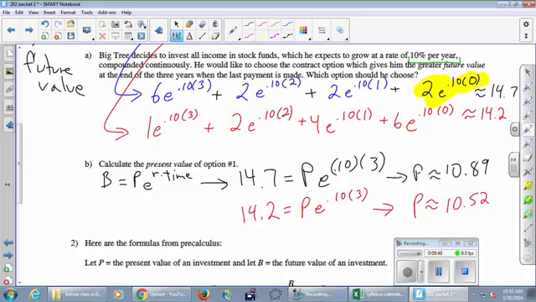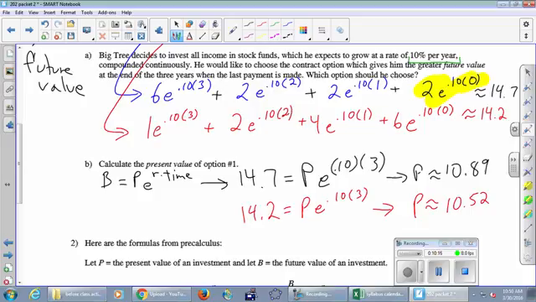Again, we're making the same comparison just at different moments in time. So this basketball player could be handed a check today at the start of his contract for 10.89 million. If he puts all of it right in the bank and it grows for 3 years at 10%, it will grow to what number? 14.7. And it's just a whole lot easier to think about those numbers, either the present numbers or the future numbers, than numbers where you're getting paid different amounts of money at different moments in time.